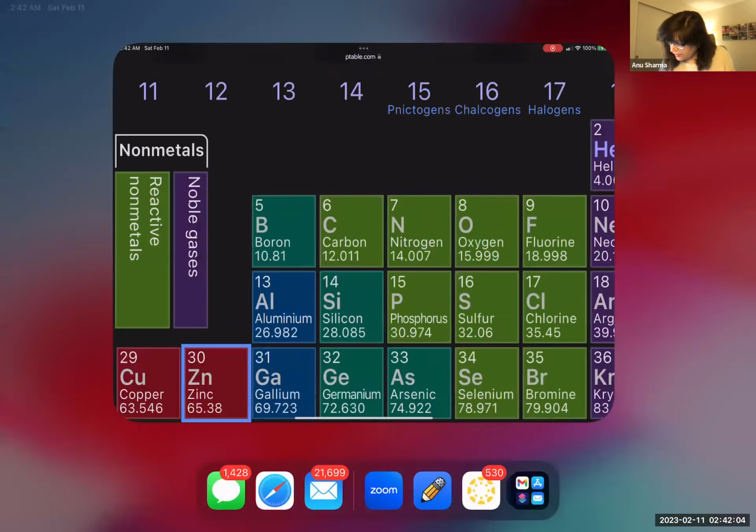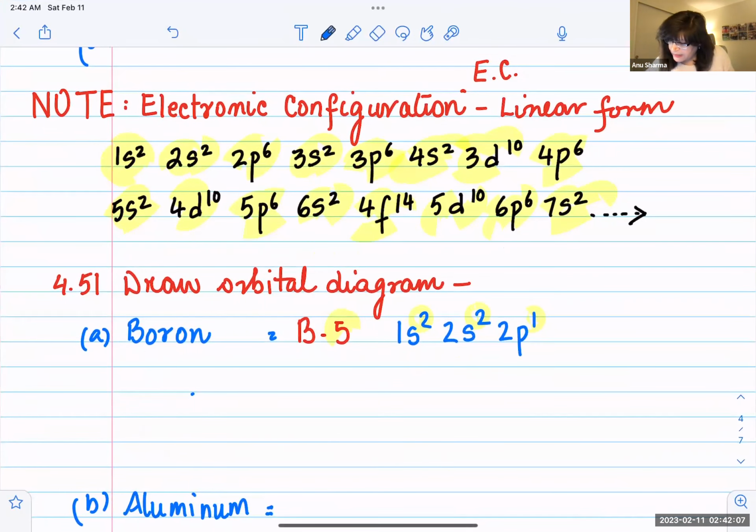Okay, so let's look at this now. So the placement is 2p1. So what does this mean?